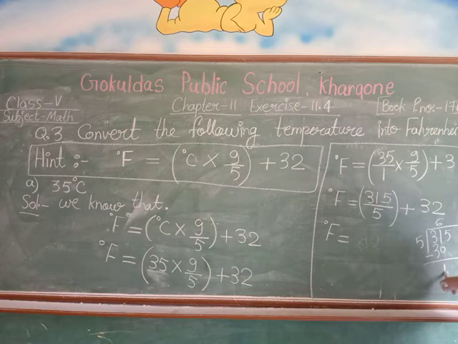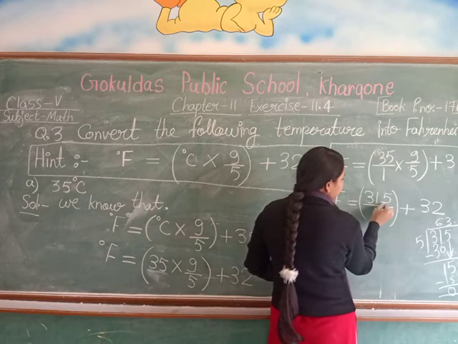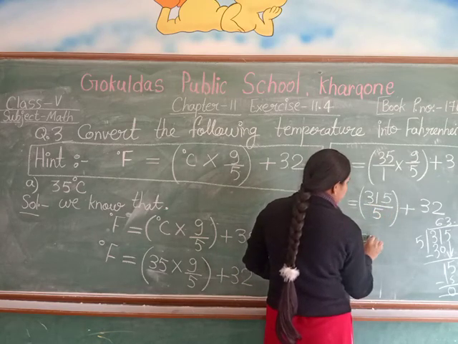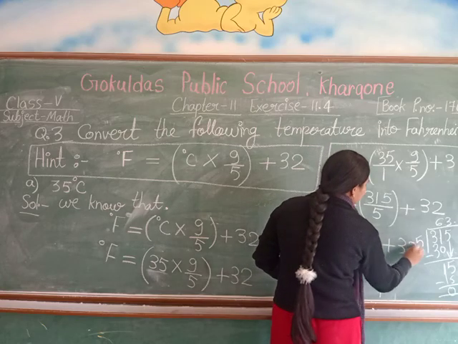Now 1 is smaller than 5, we cannot divide, so bring down the next number here. 5 threes are 15. 15 minus 15, 0 is the remainder. So what is our quotient? 63 is our quotient. So when we divide 315 by 5, our result is 63, plus 32.